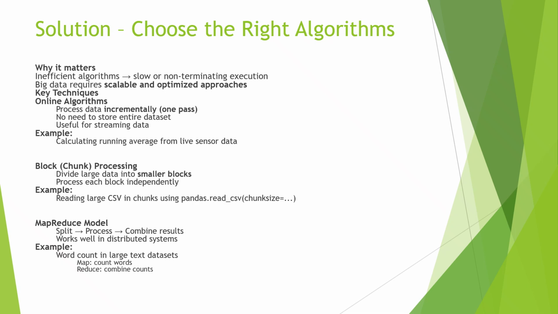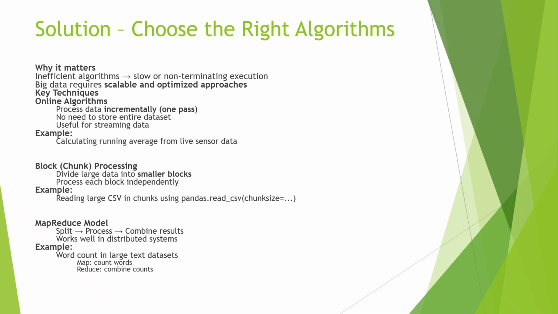Another effective method is block or chunk processing, where large datasets are divided into smaller manageable parts and each block is processed independently. For example, large CSV files can be read in chunks using functions like pandas read_csv with a specified chunk size, allowing efficient memory usage.